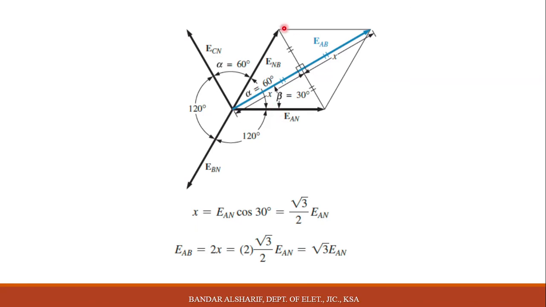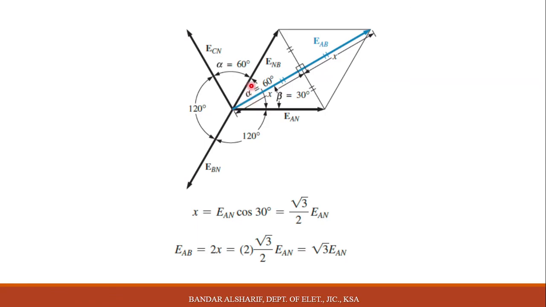Okay, to be able to use the trigonometric formula, for example, you need to find cosine theta here. We know that beta here is 30 and here beta is 30. Consider we need to find cosine 30 here. You will get this value x, this value x and this value x. This means later if we need the line voltage, we will multiply x by 2, because here is x and here the other x.